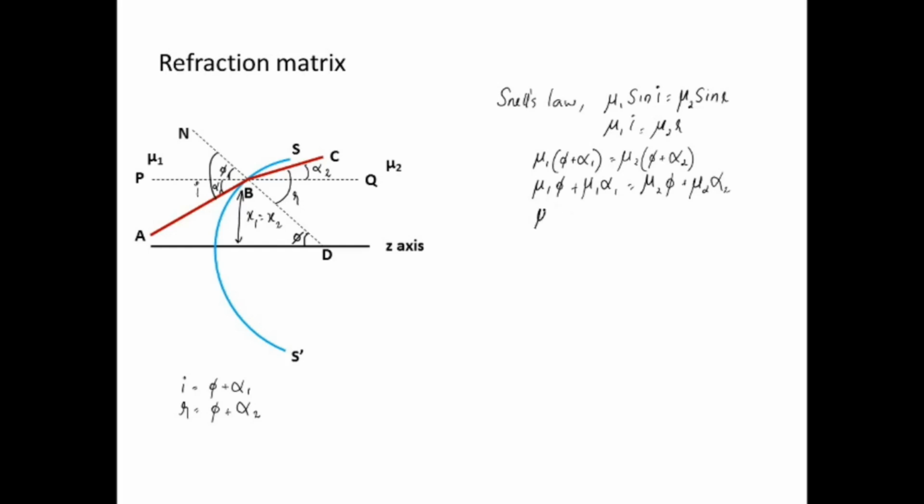That is, mu2 alpha 2 is equal to mu1 alpha 1 plus mu1 minus mu2 into phi, or here I can take the negative term and write mu2 minus mu1 into phi.